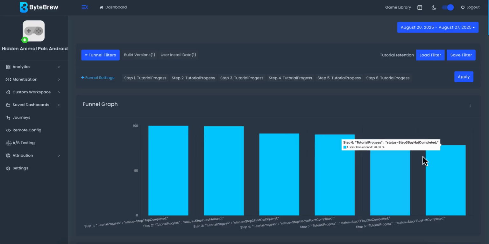There's also a drop right here, about 5% for buying. There's a point where you reward the user by allowing them to buy an accessory.